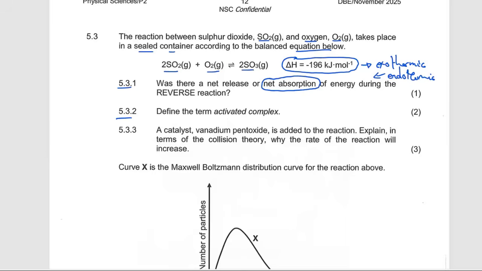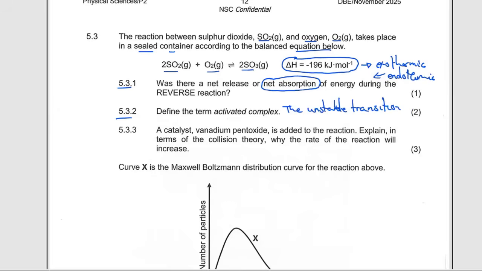Then 5.3.2 says define the term activated complex. This is the unstable transition state from reactants to products.